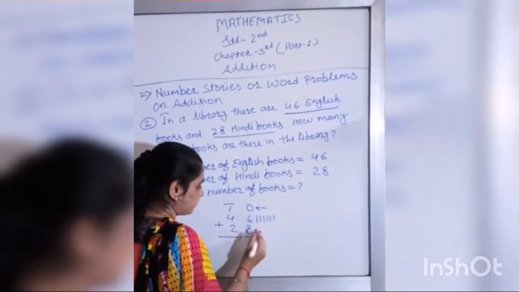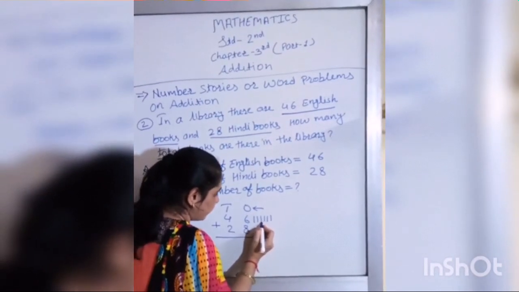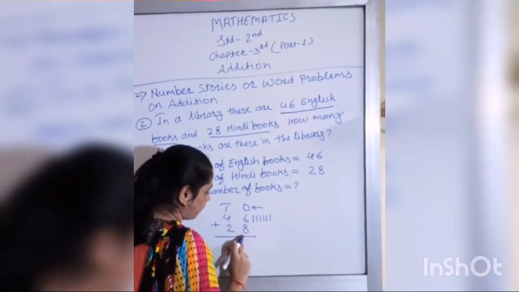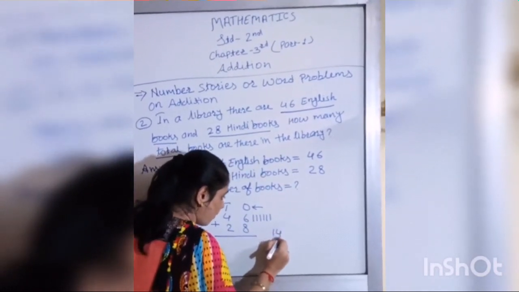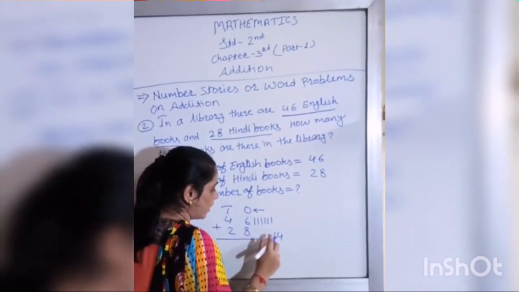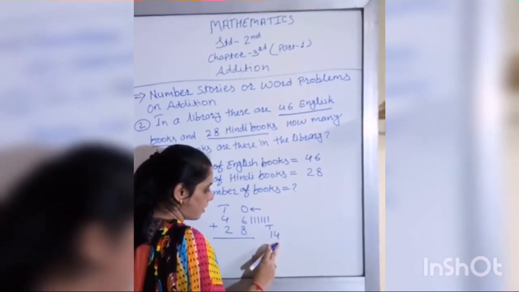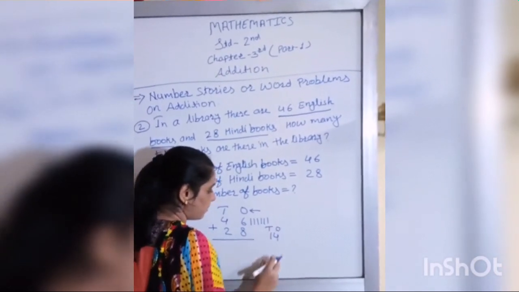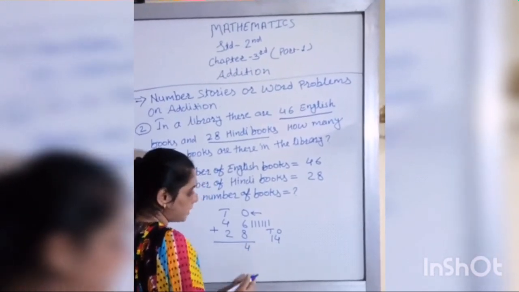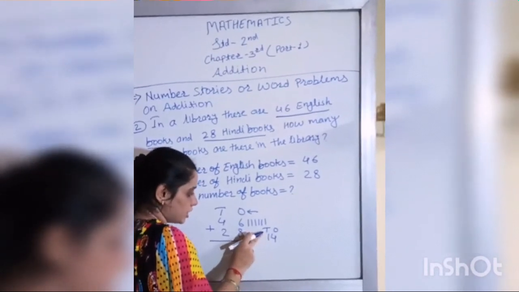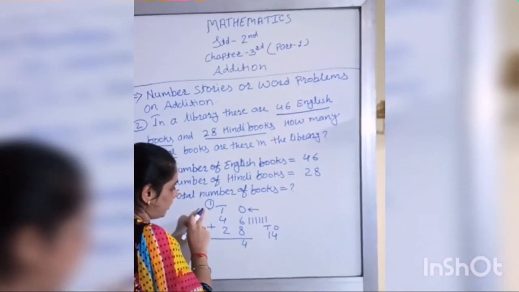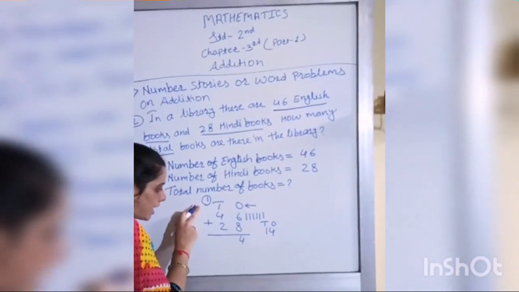Count after 8. 9, 10, 11, 12, 13, 14. 6 plus 8 is equal to 14. As 14 is a 2-digit number, 1 is at tens place and 4 is at ones place. This 4 we will write on the ones place, and this 1 we will write over the tens place as a carry.